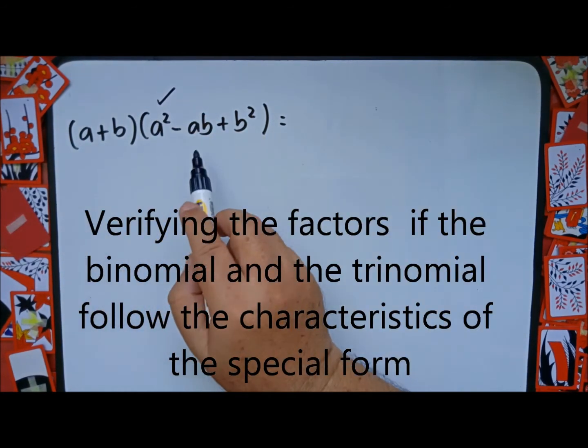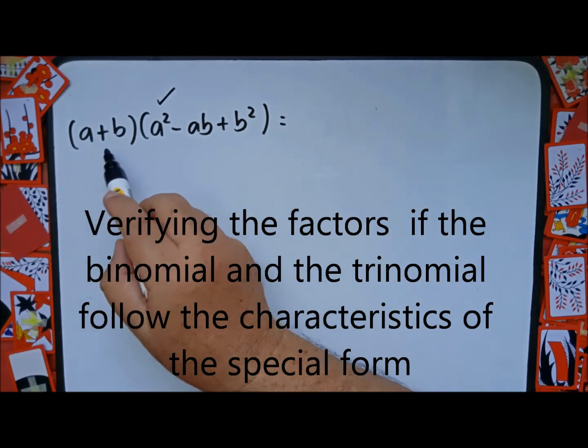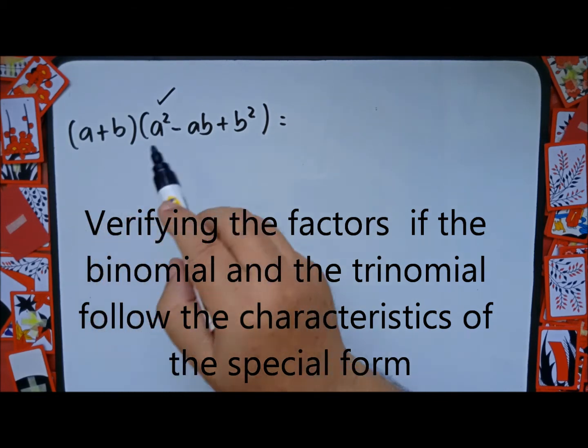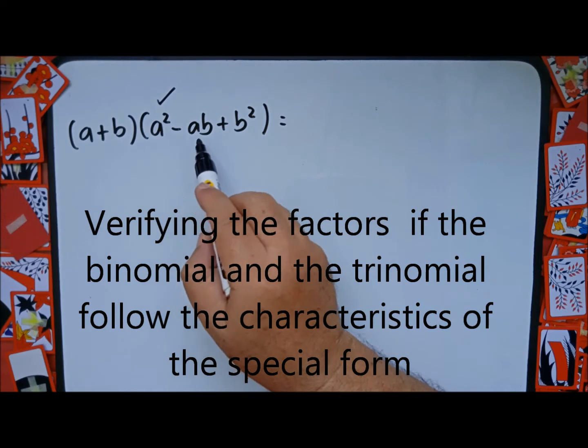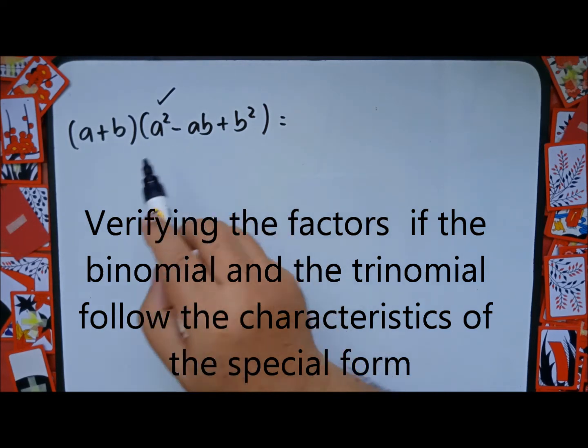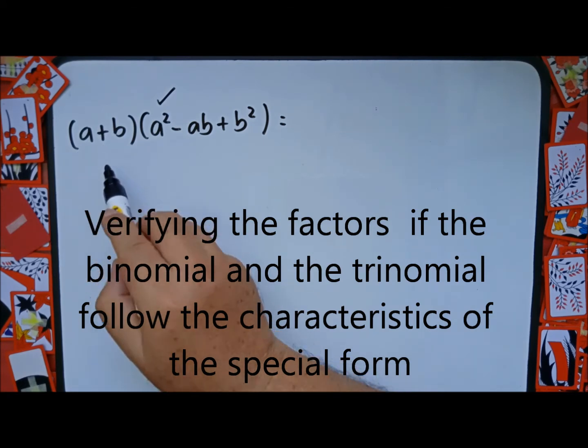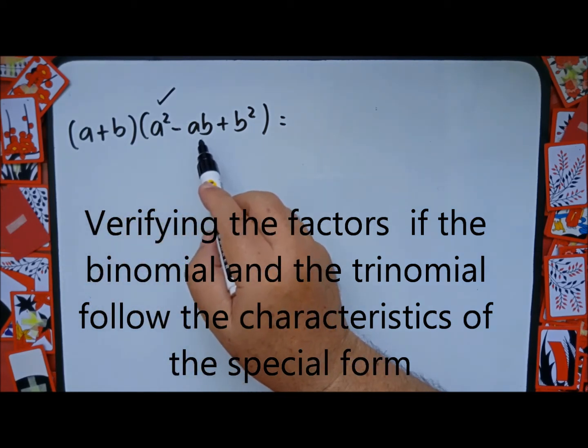Next, the second term of the trinomial is the additive inverse of the product of the first and second terms of the binomial. So you have to multiply the first term and the second term of the binomial and see to it that the sign will be opposite to the product given on the second term. So a times b is positive ab. Is it the opposite of negative ab? Yes, check.